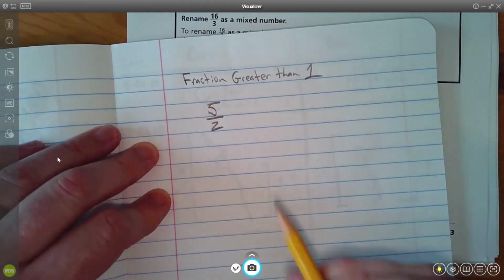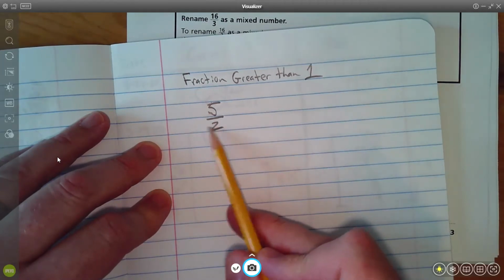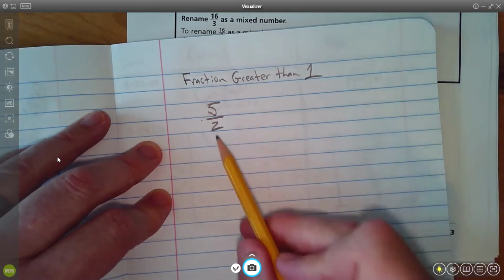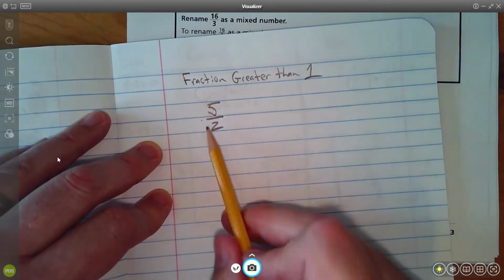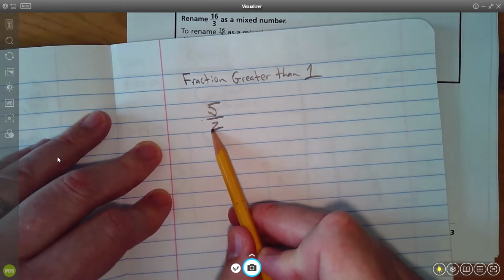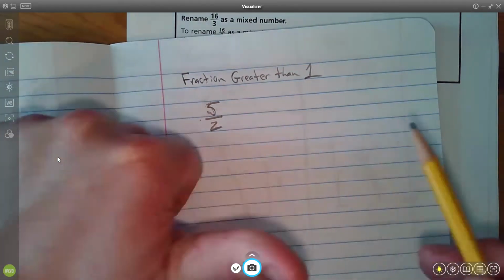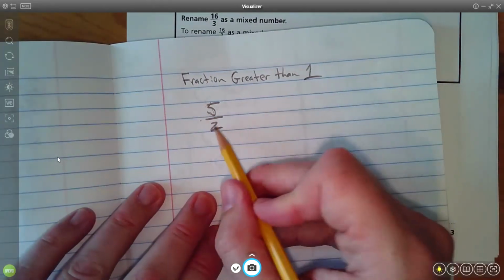Last time we did a multiply and then an add. We're going to do the opposite of that for this one. I'm going to do a little bit of a divide and minus. So I ask myself, how many times will the bottom number go into the top number? How many 2's can I fit into a 5? If I go 2, 4, 6, so 2. I can get 2 chunks of 2 out of there.